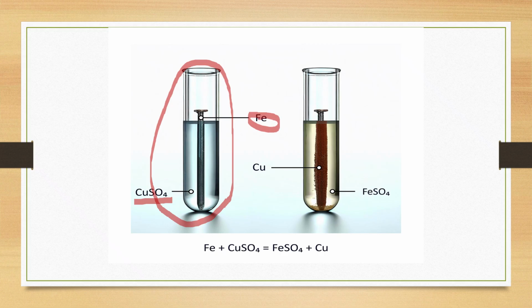You must have seen in the previous slide that iron is placed above copper in the reactivity series, right? So iron will displace copper and copper will be deposited here in the form of brown powder, and the solution becomes ferrous sulfate.